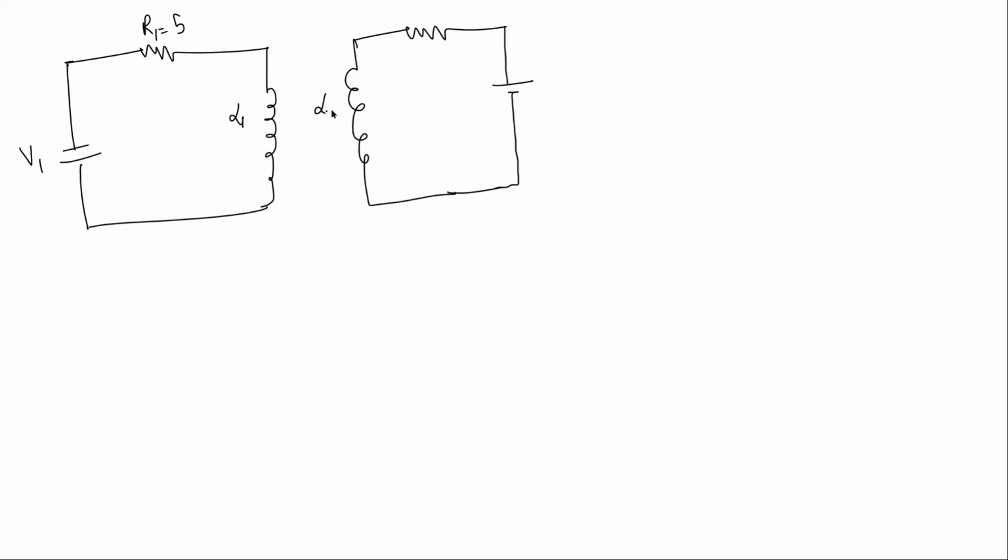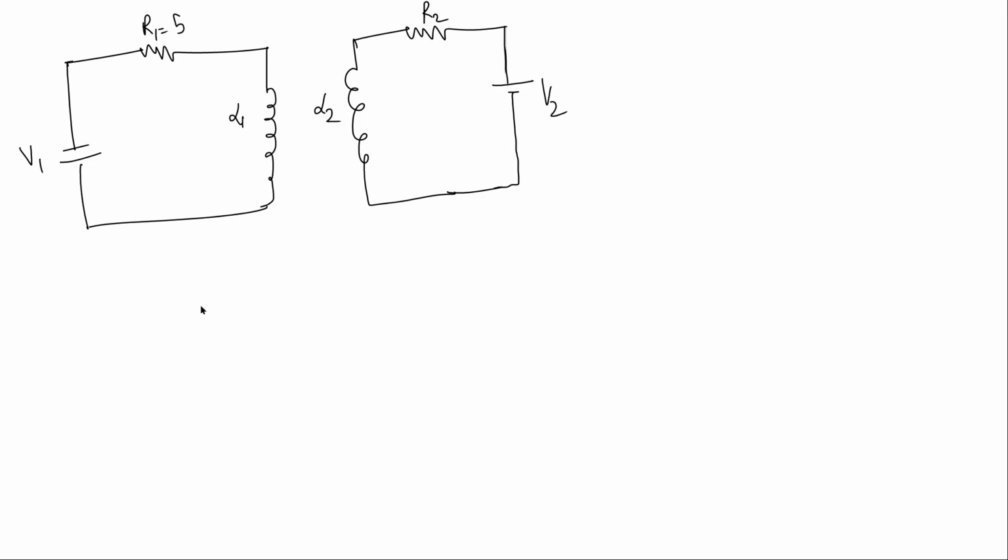And this is another inductor, this is the resistance, and this is a battery. So this is V1, R1, this is equal to 5, this is L1, this is L2, and this is V2, and this is R2.